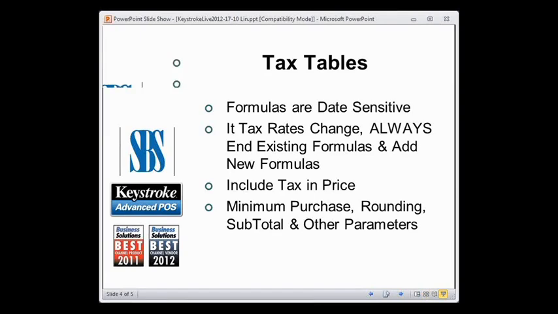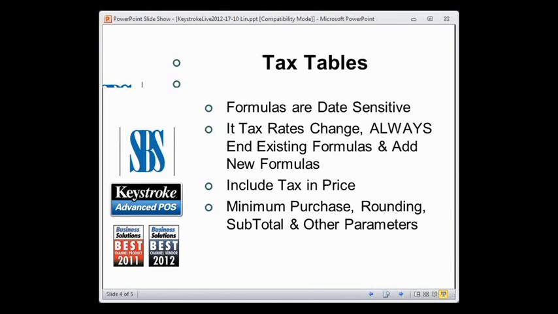Okay, we're going to go down now with tax tables. Within tax tables, the formulas under the districts are date sensitive. You can set up starting and ending dates. A very important thing to remember, and I just noticed a typo here, this should be if your tax rate changes.